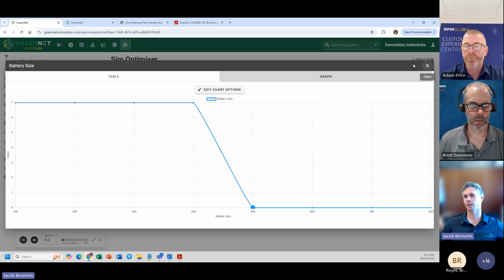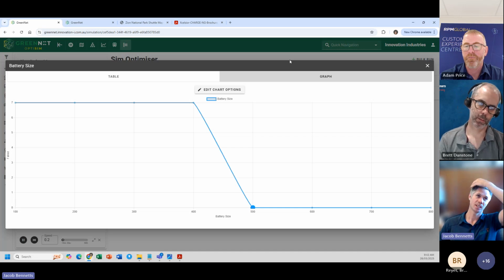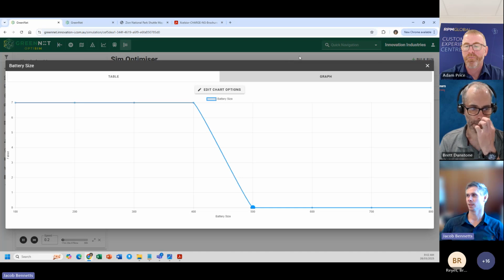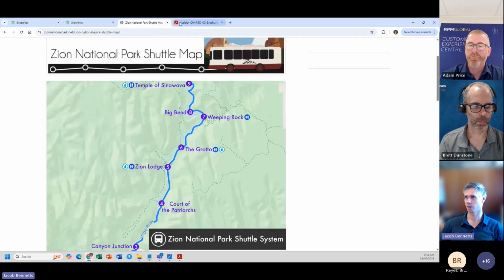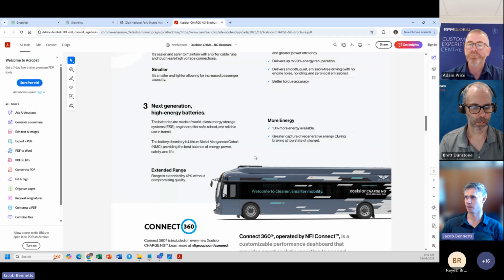So a very simple example, but again, this would be one of your first passes to say, well, should I even bother? Is it possible to turn this fleet into a fleet of electric buses? And if we look back at the specs of the bus, there's a range of options there.